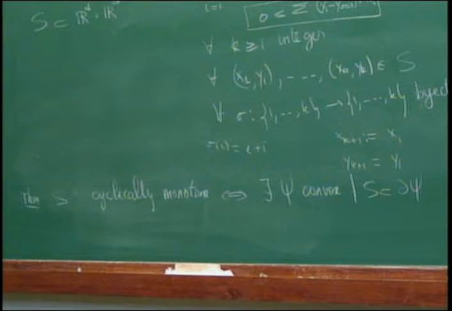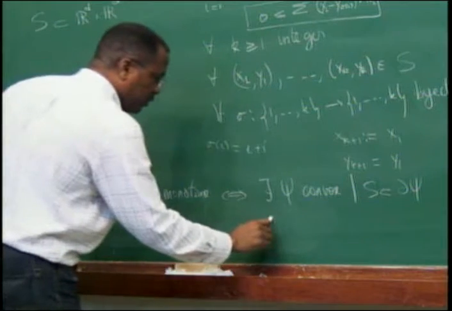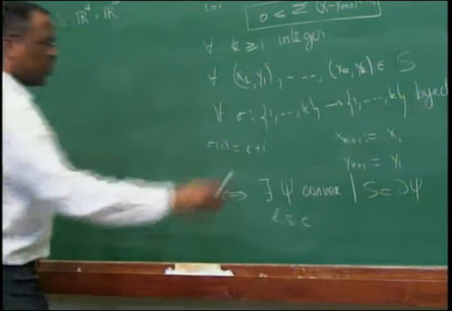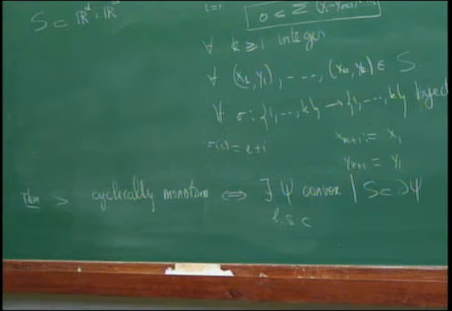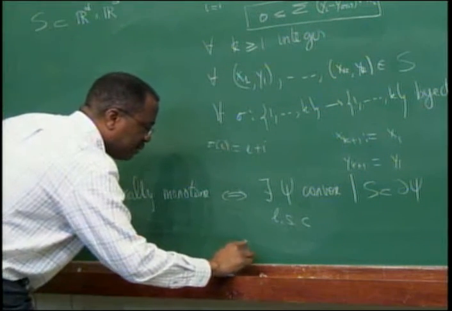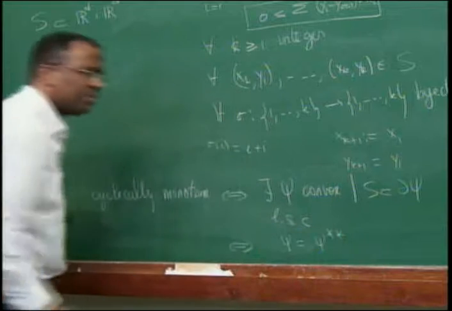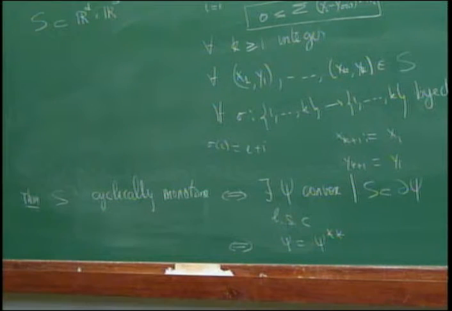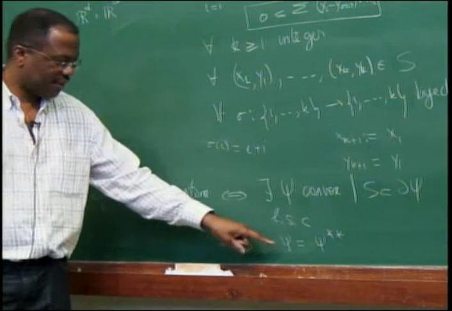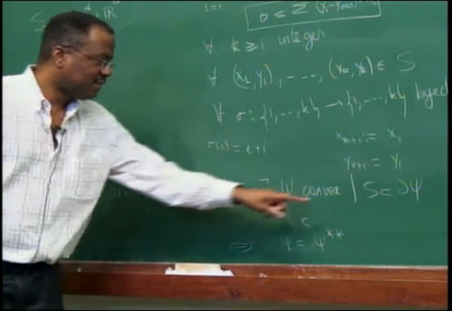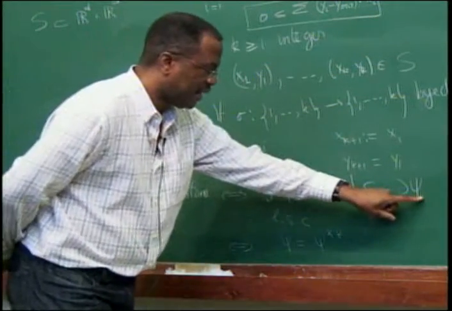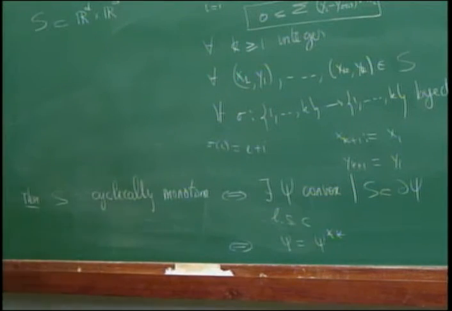This is equivalent to psi equal to psi star star: a function is convex if and only if it equals its double Legendre transform. Therefore, S is cyclically monotone if and only if S is in the subdifferential of a psi such that psi equals psi star star.